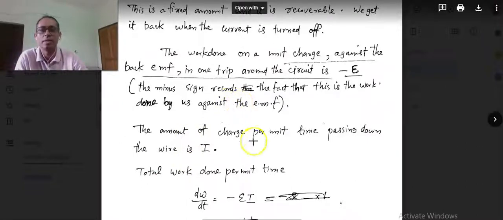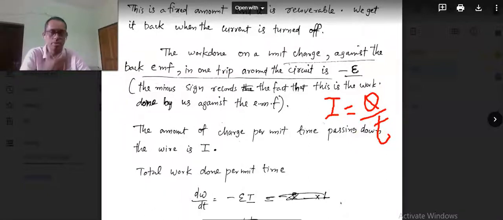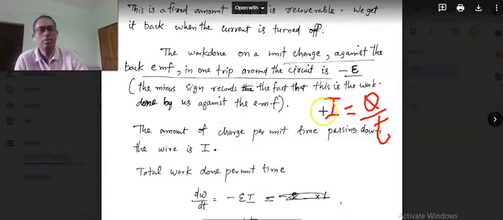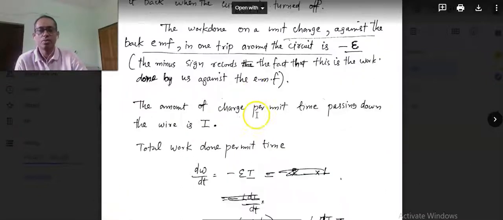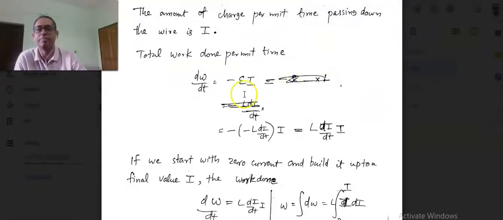Because we know current is equal to charge over time. So I amount of charge flows through the circuit in unit time. So the work done per unit time.